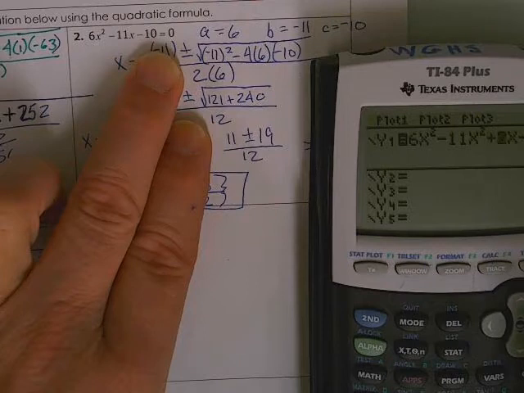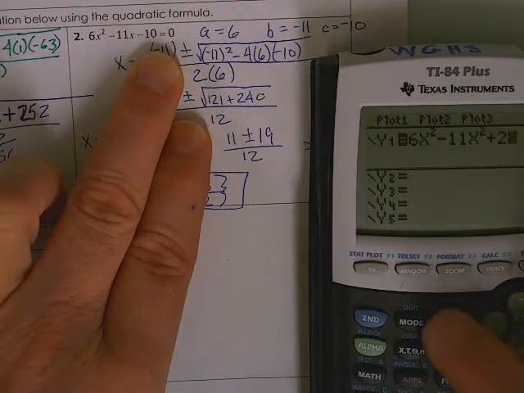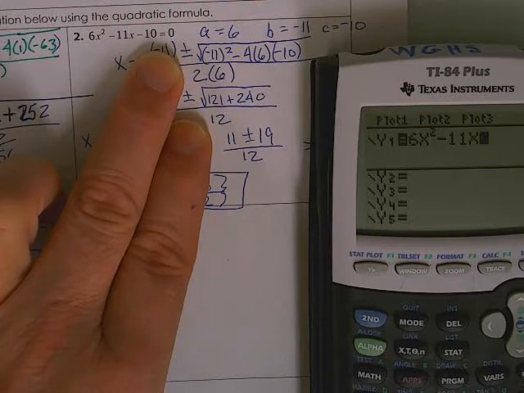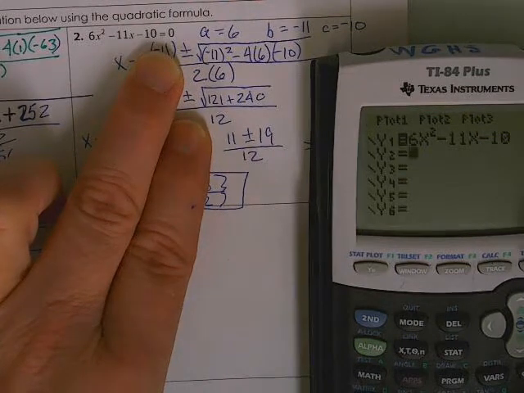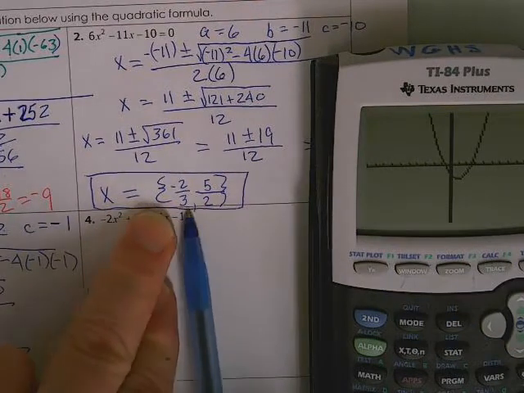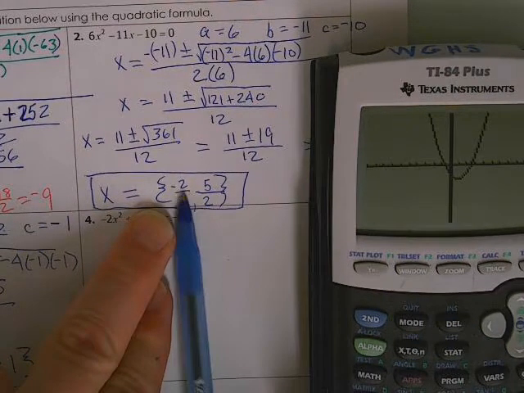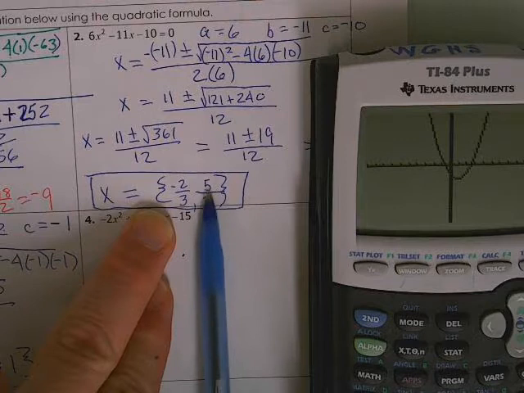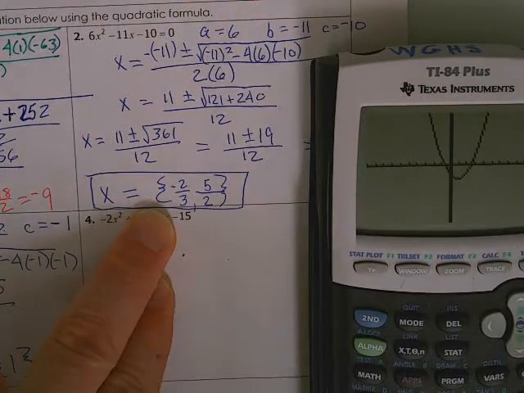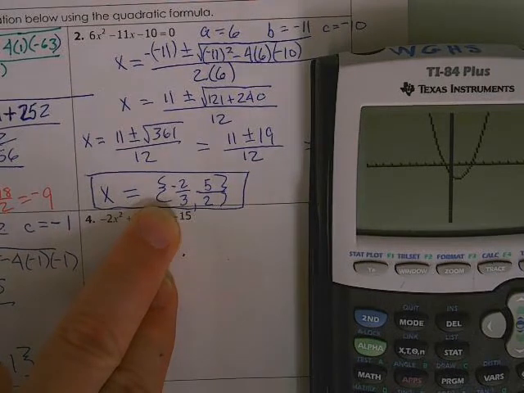I didn't clear out first, which makes this much more difficult. If I graph that, this is going to cross the x-axis at -2/3 and +5/2. You can't really tell that specifically from looking at the graph.